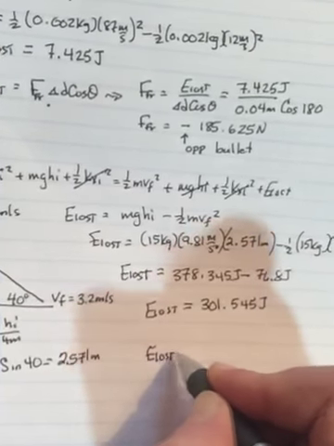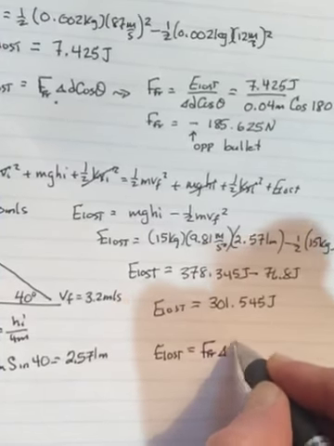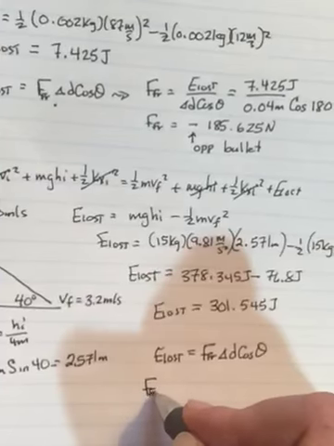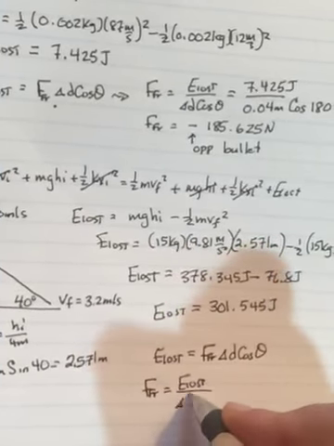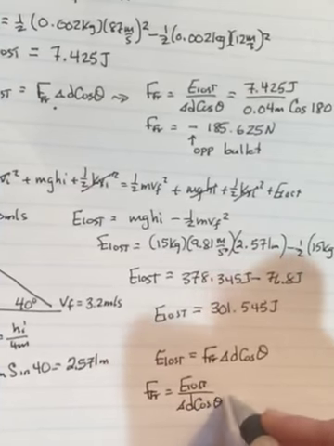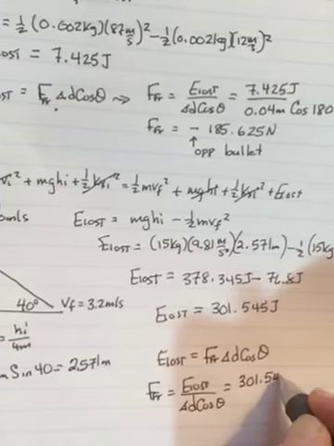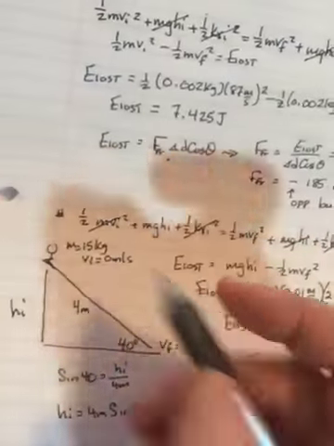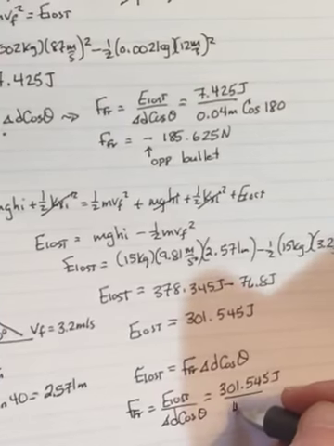So again, you go E lost is equal to work done by friction, which is F friction delta D cos theta. So friction is going to be equal to E lost divided by delta D cos theta, just like in the last question. E lost this time, 301.545 joules. Delta D this time is the length of the slide. It's the 4 meters, because that's the length along which friction is acting. Okay, so 4 meters.